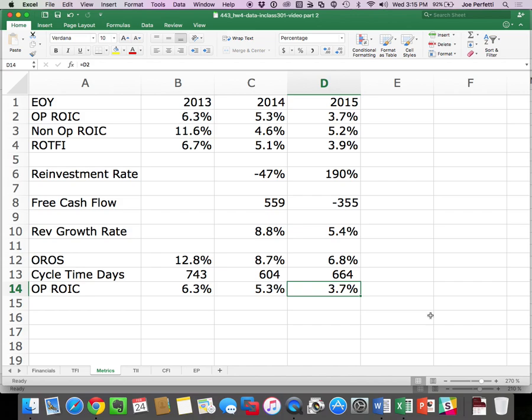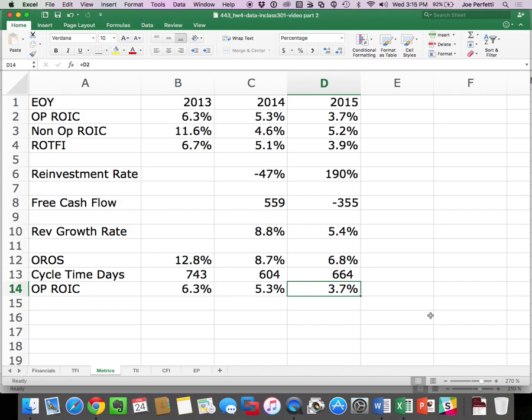So it's getting worse. Why? Why is it worse in 2015 than 2013? Yeah. The margin went from 12.8% to 6.8%, and the revenue growth went from 8.8% in 2014 to 5.4%.